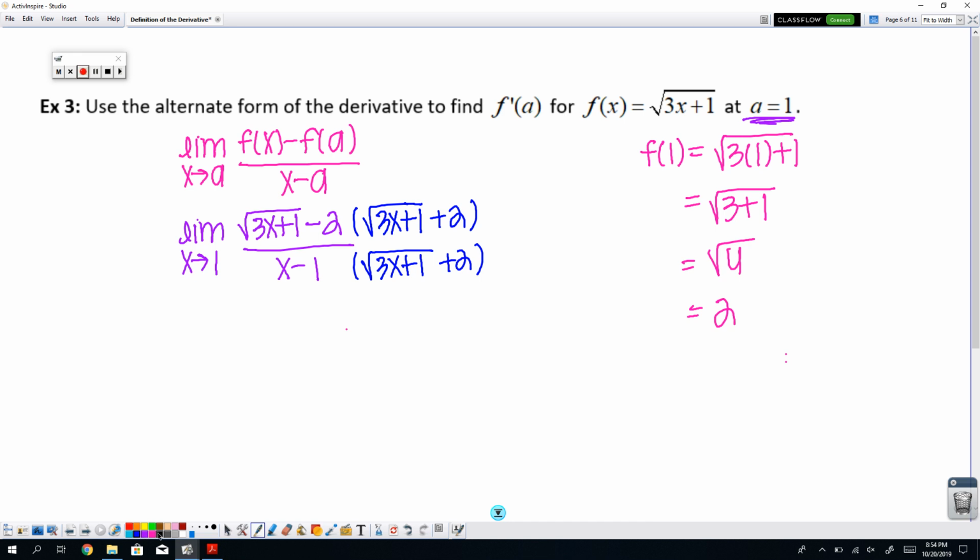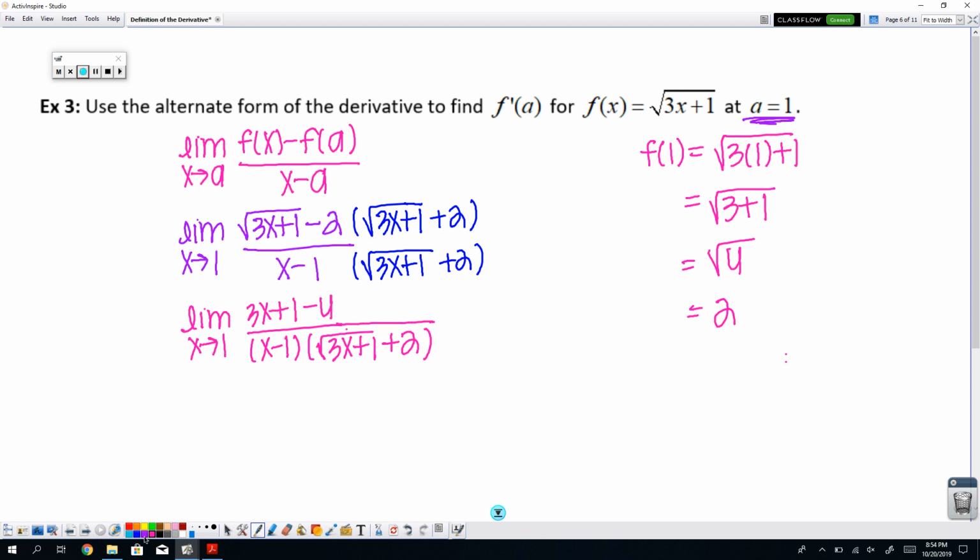So remember we did this for a reason, so they're going to cancel each other out up top. So it's going to go to the limit as x approaches 1 of 3x plus 1 minus 4 all over x minus 1 times the square root of 3x plus 1 plus 2.